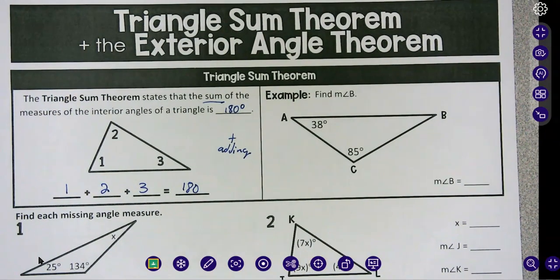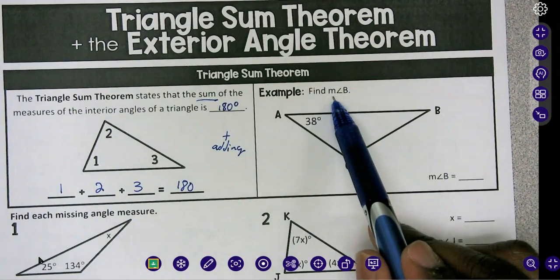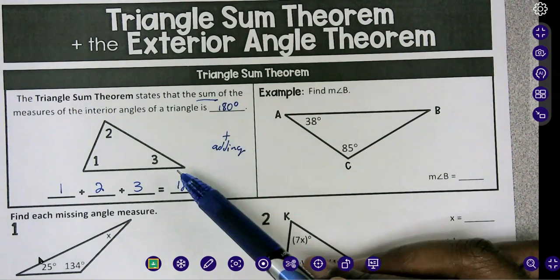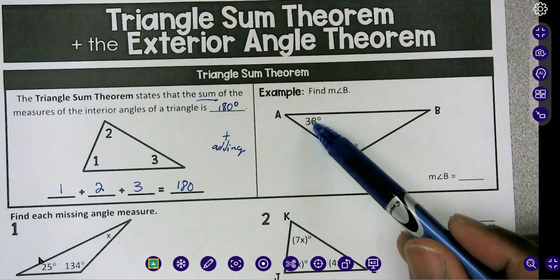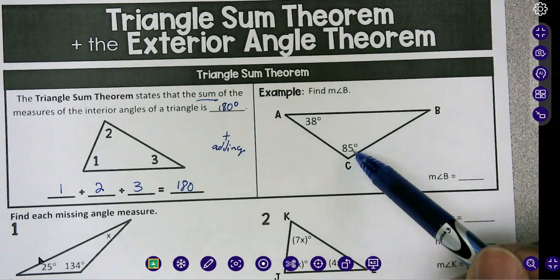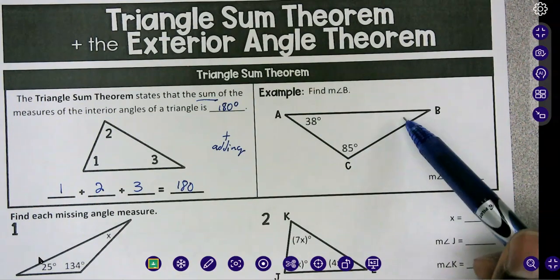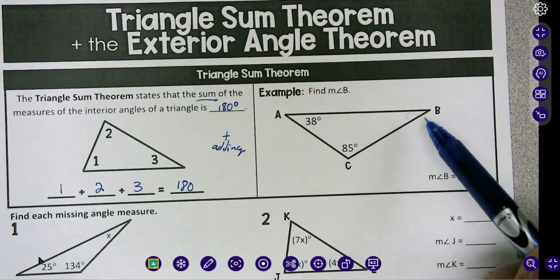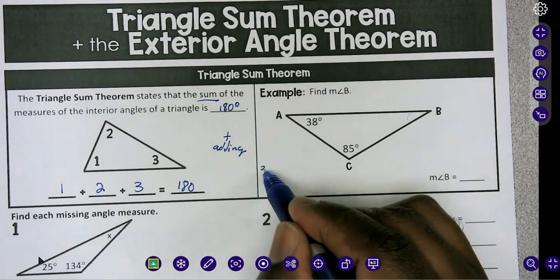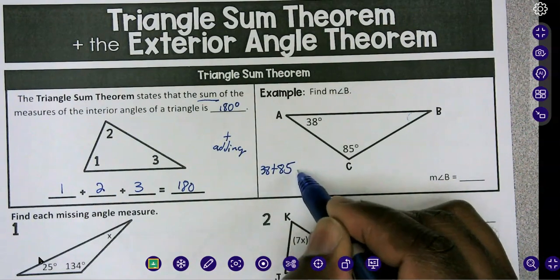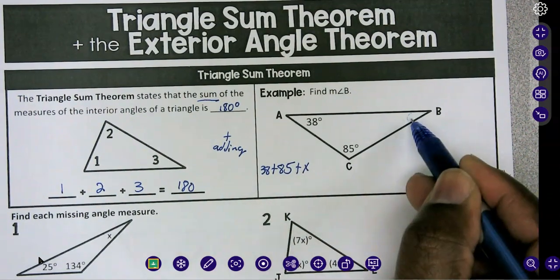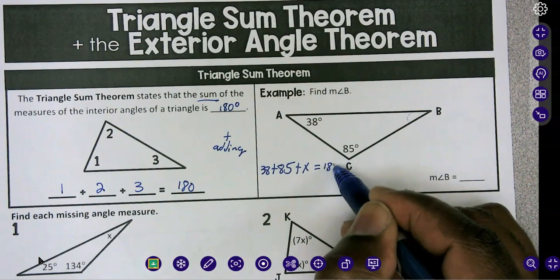So let's talk about this. Here's an example. We have 3 angles, and the instructions say find the measure of angle B based on this idea that all 3 angles add up to be 180 degrees. If angle A is 38 and angle C is 85, how do we find angle B? Well, you would say 38 plus 85 plus X, because I don't know what that is, equals 180.